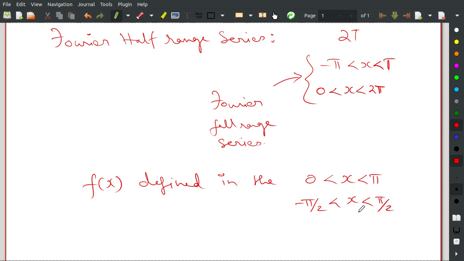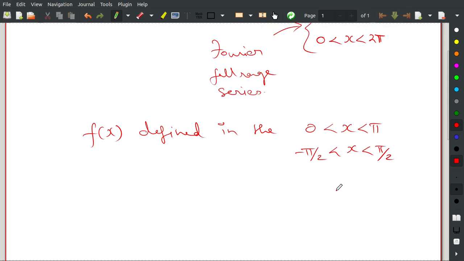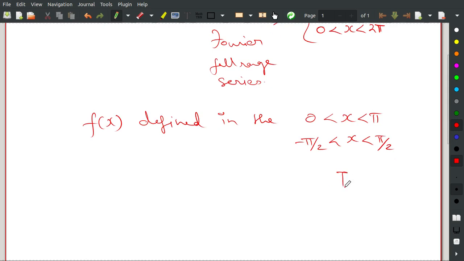If we notice, the period here is just π, instead of 2π. Or in other words, it's just a period of pi. So if we have something in this period, then the usual question is either they ask to find the Fourier series of f of x, Fourier sine series or cosine series.